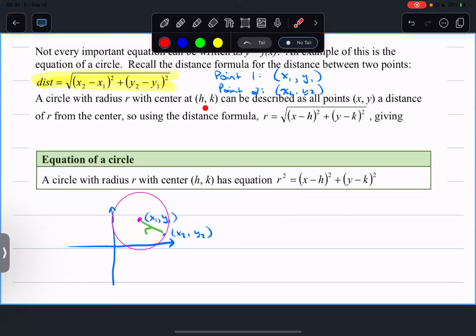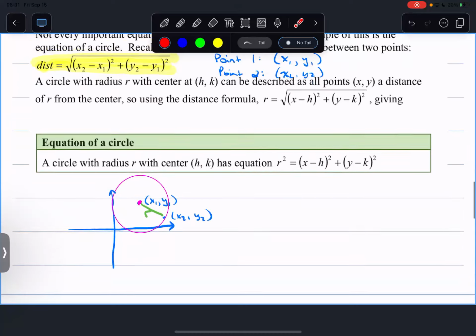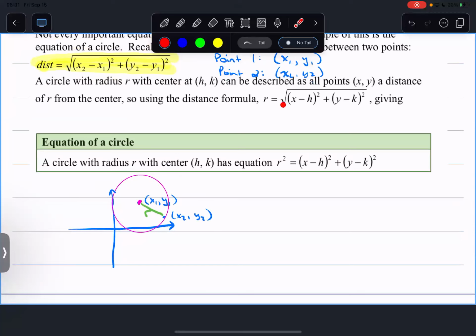That's nice. But generically, a circle with radius r with center h, k has equation r squared. What did we do? All we did was move this square root over to the other side, making r squared, and then we have a cleaner equation: r squared equals x minus h squared plus y minus k squared.